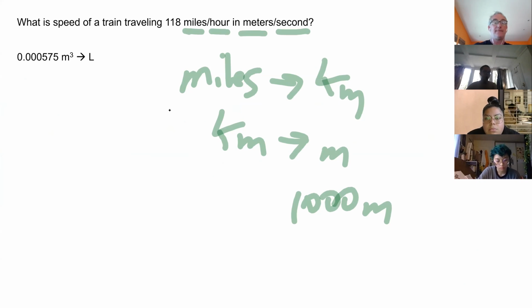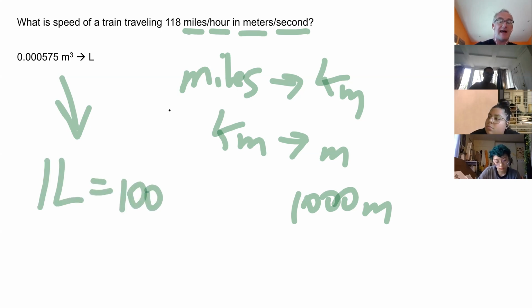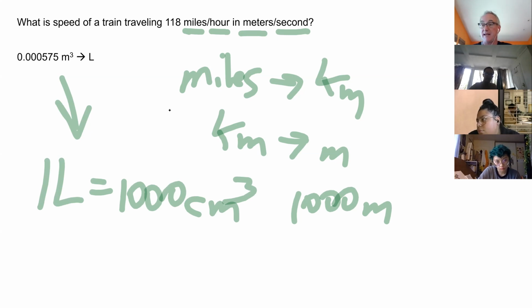And this last one, in order to figure that out, you need to know that 1 liter is equal to 1,000 cubic centimeters. That is key. And another thing to remember, let me erase some of this.